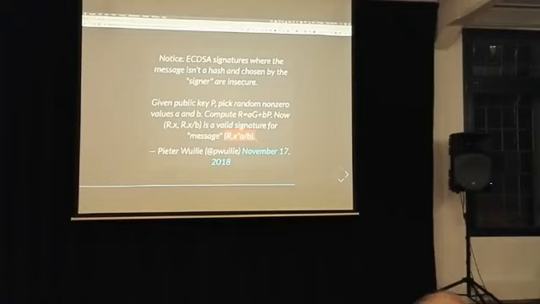So if the hash function was broken, we would be able to do existential forgery for the actual ECDSA algorithm, which we can't do because the hash function is assumed not to be broken. Okay, so in other words, ECDSA, for its security, assumes the hash function is not broken. Otherwise, we could break existential unforgeability.